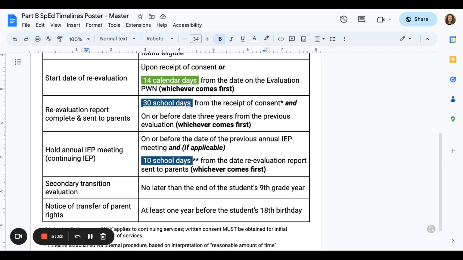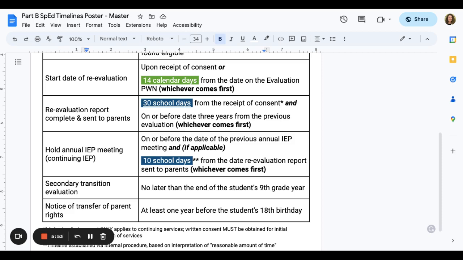The last two things on this document talk about things that are related to a timeline, but not necessarily related to school days or calendar days. The first one is secondary transition evaluation. No later than the end of students' ninth grade year, we need to have secondary transition be part of their evaluation.